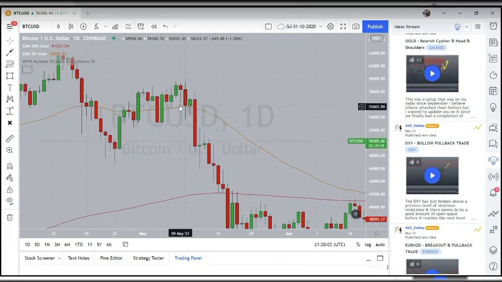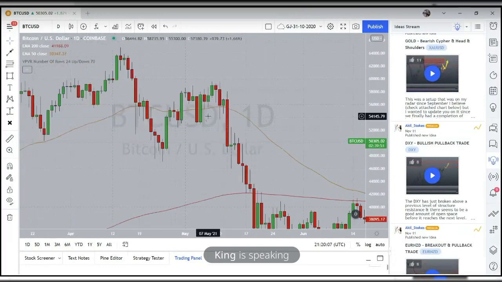It's not the best, but if you take this power 3 as sort of a swing failure for this move, yeah, I think I got in in May from somewhere around here. I can't remember exactly which candle it is. No, it was this one. It was the 11th, and it was because of this power 3.